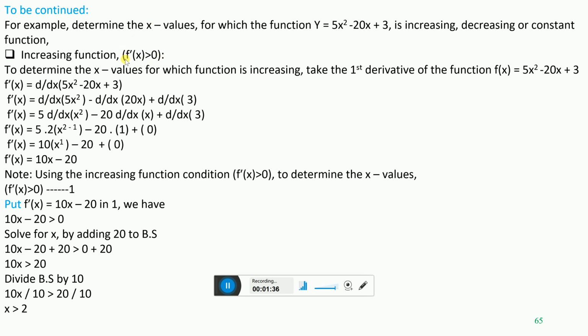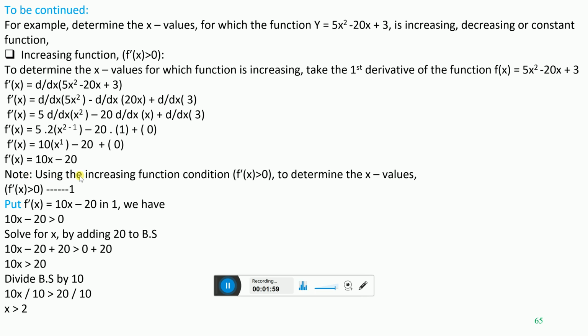Positive means f prime of x greater than 0. So to find the x values, I need the first derivative. To determine the x values for which the function is increasing, take the first derivative of the given function. We studied this in the previous lecture, and now I am proceeding from here.